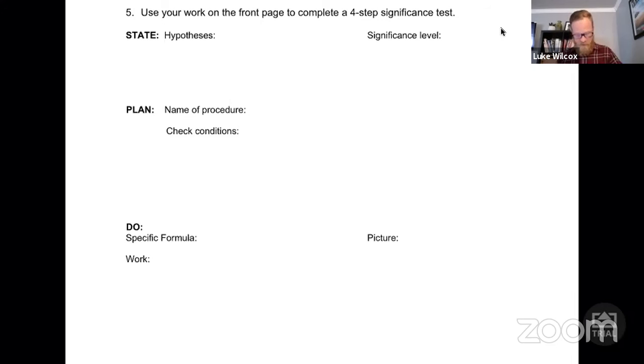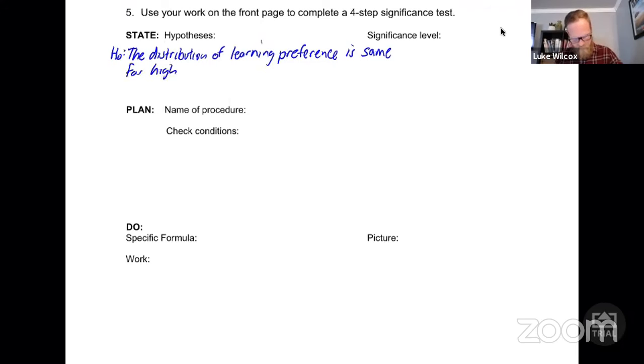All right, starting with the state. We want to write our hypotheses here. So we've already talked about the hypotheses here. We know that the null hypothesis says that the distribution of learning preference is the same, right, homogeneous, for high school and college students.